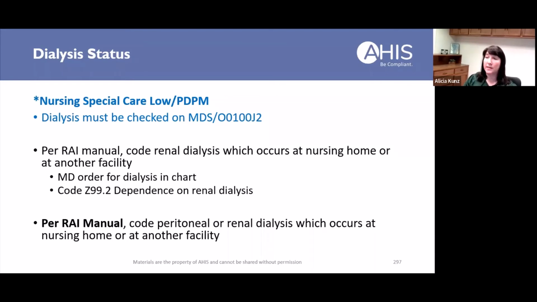It impacts your nursing special care low category, and it needs to be checked off on section O on your MDS, and you need to make sure that you're using code Z99.2, dependence on renal dialysis. And when somebody has renal dialysis and we're talking about chronic kidney disease, you would use N18.6, end stage renal disease.